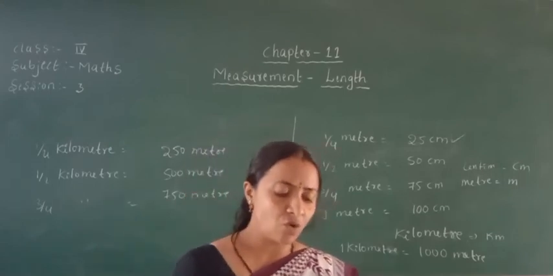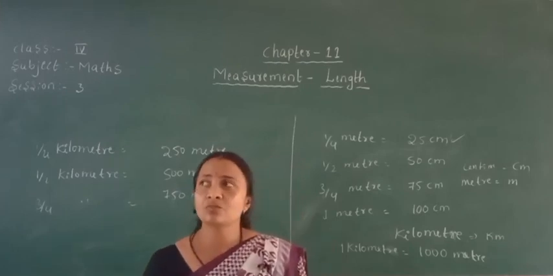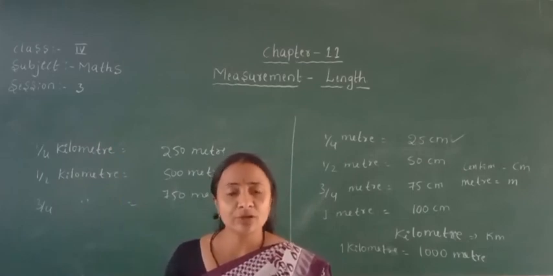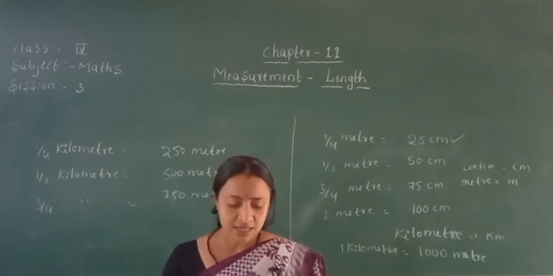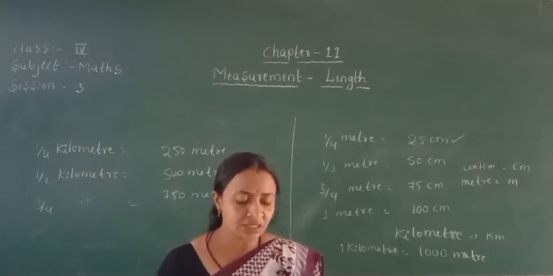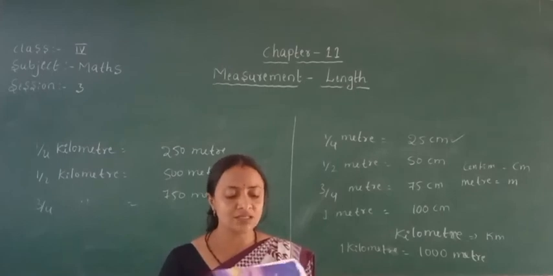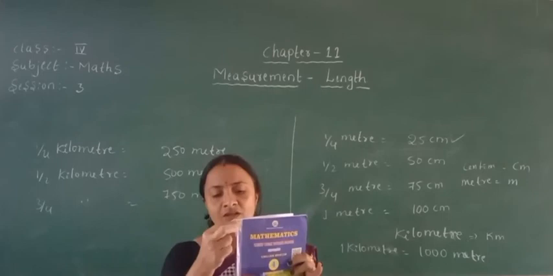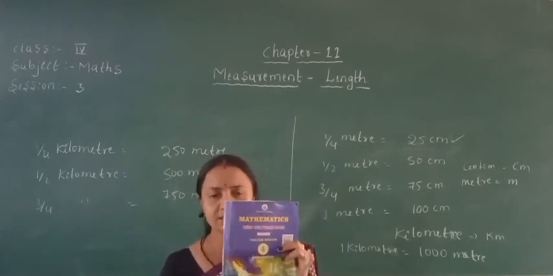Height of the wall of your classroom: centimeters, meters, or kilometers? We use meters. Next, the length of one side of your mathematics textbook: we measure this with a scale, in centimeters.